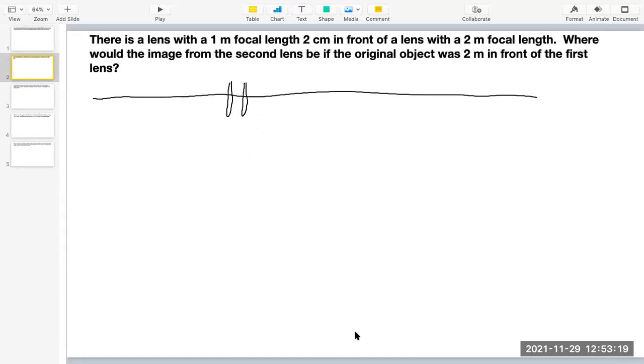And for our focal points, our first lens has its focal points and our second lens has a 2-meter focal point. So its focal points are going to be farther out.